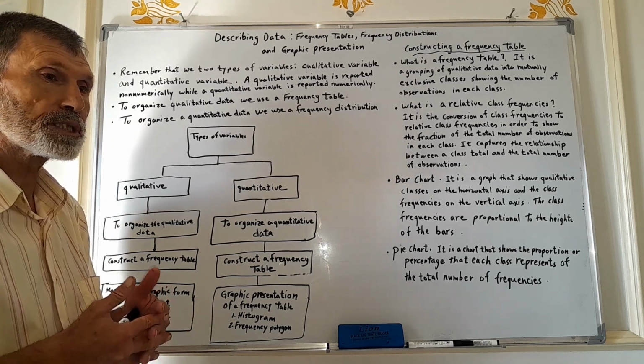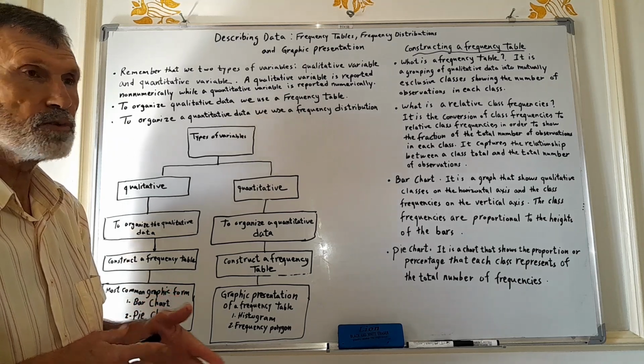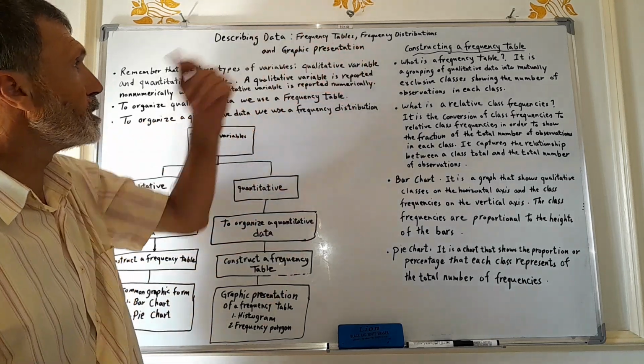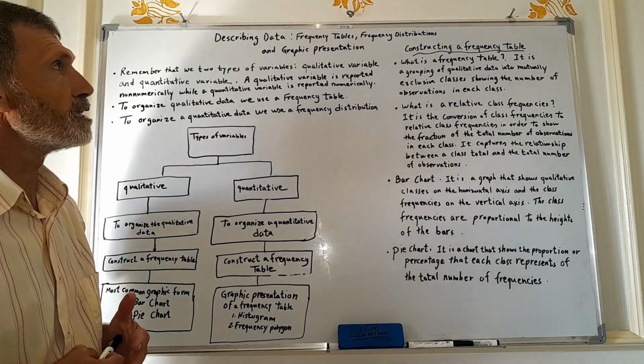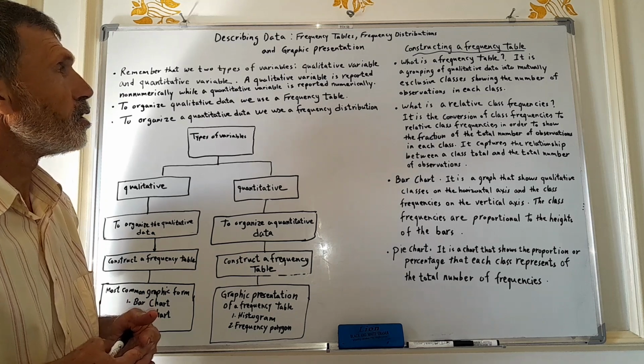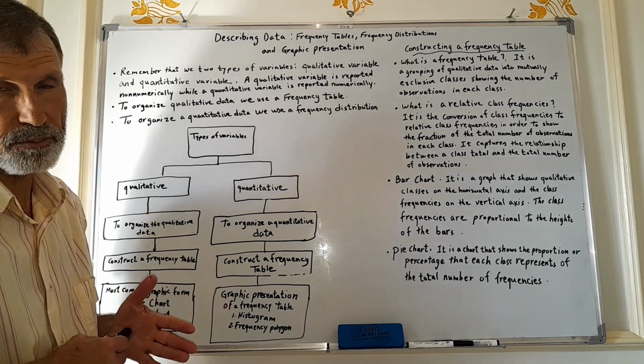Also, we're going to describe or present the data when the data is quantitative by using frequency distributions. And we're also going to discuss some graphical representations of the frequency tables or the frequency distributions.